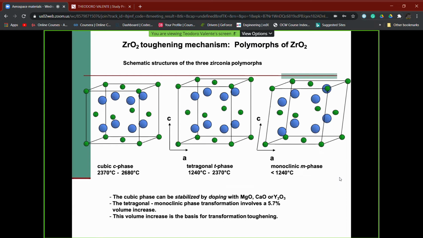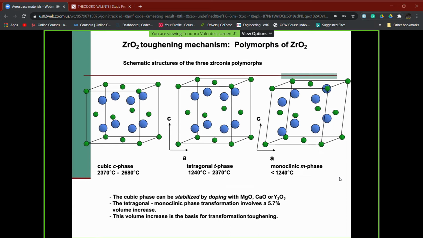Then in the temperature range from 1240 to 2370, it is stable in the tetragonal phase, with a lattice corresponding to the tetragonal arrangement, and at temperatures lower than 1240 Celsius, pure zirconia is stable with a monoclinic lattice.